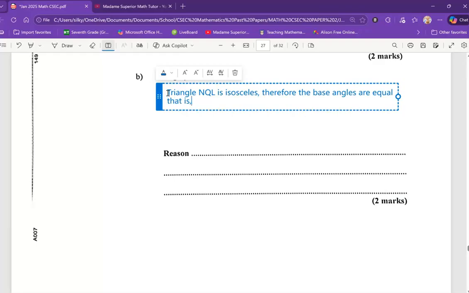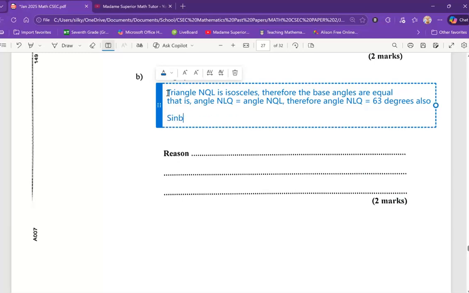That is, angle NLQ equals angle NQL. Therefore, angle NLQ is equal to 63 degrees also.